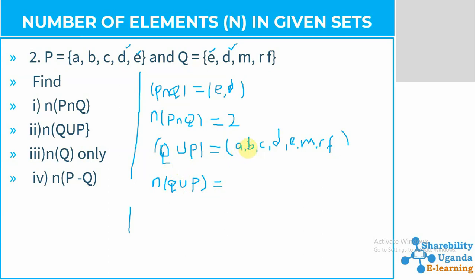We have 1, 2, 3, 4, 5, 6, 7, they are up to 8. So this simply means that our answer is done.